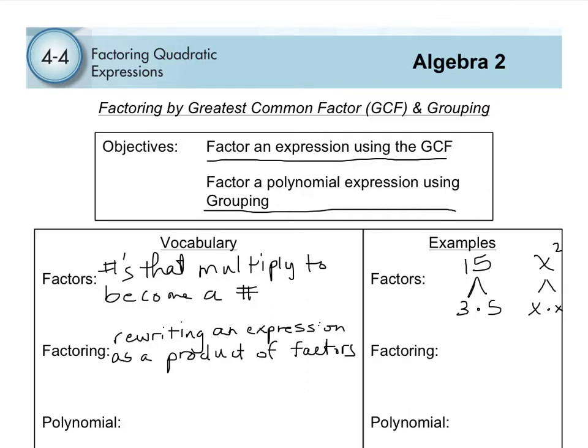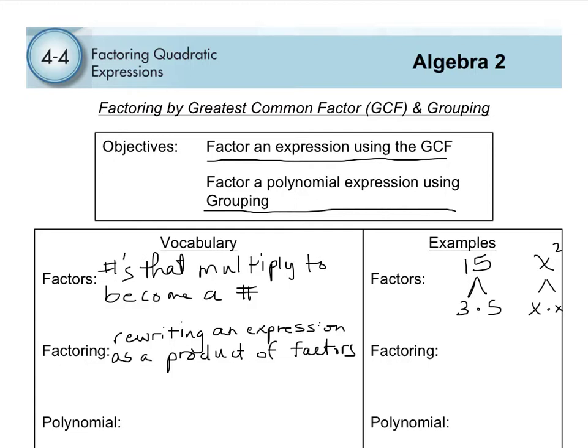Now remember, an expression is any number of terms without an equal sign. So it could be numbers, could be variables. As long as it has an operation, it's considered as an expression, but it doesn't have an equal sign with it. So an example here of factoring, we're going to look at that a little bit more here coming up.